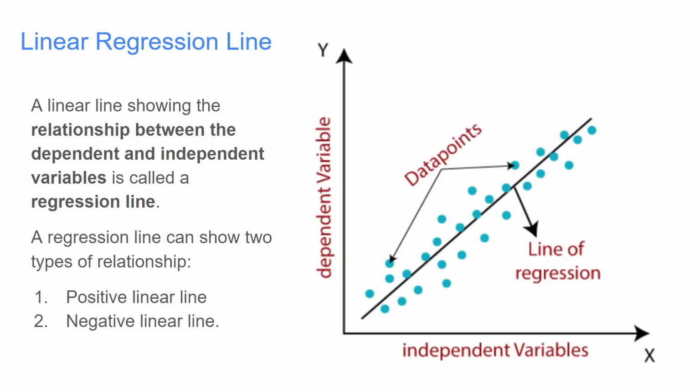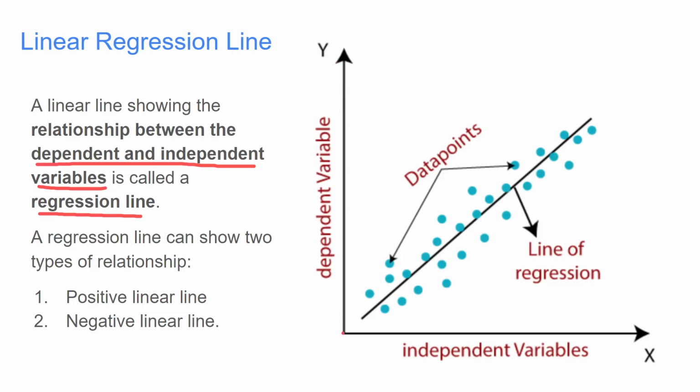Now when it comes to the linear regression line, first we will see the relationship here. A linear line showing the relationship between the dependent and independent variables is called the regression line. So here you will see a graph like a scatter plot.